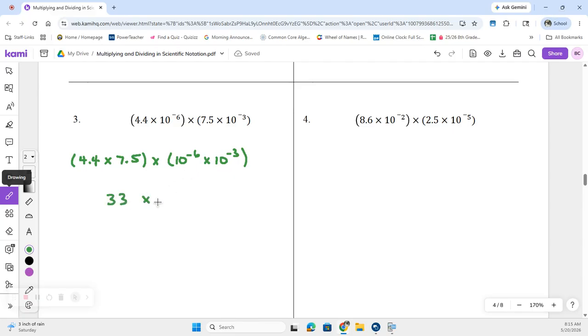And 10 to the negative 6 times 10 to the negative third is 10 to the negative 9. 33, too big. So we get 3.3 if we shift the decimal point. But be careful with the negative 9, because when we go up from negative 9, it's going to turn into negative 8.